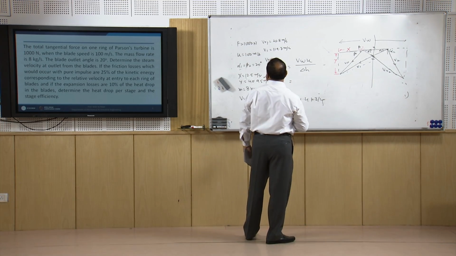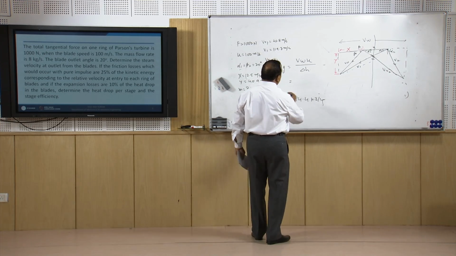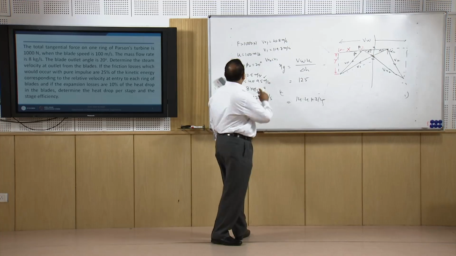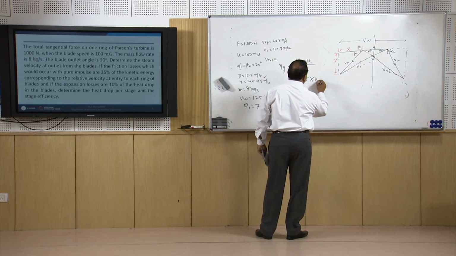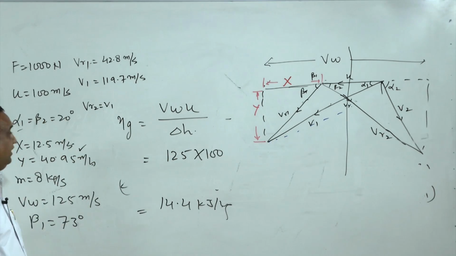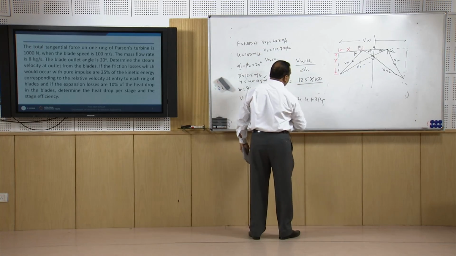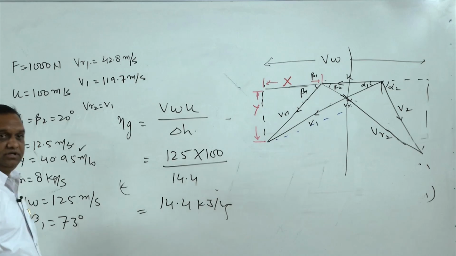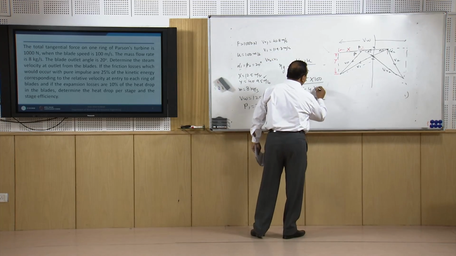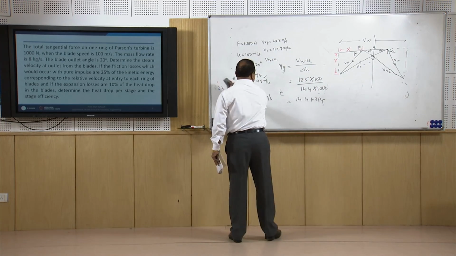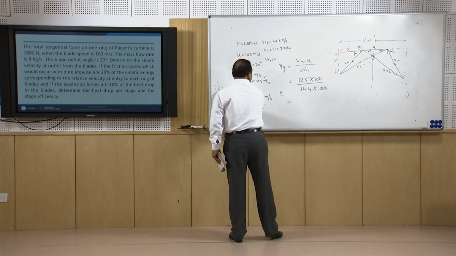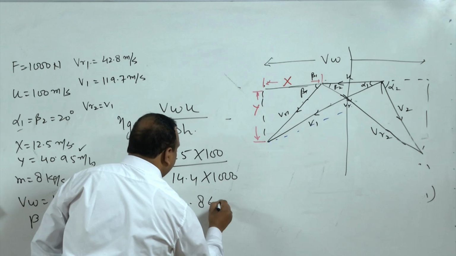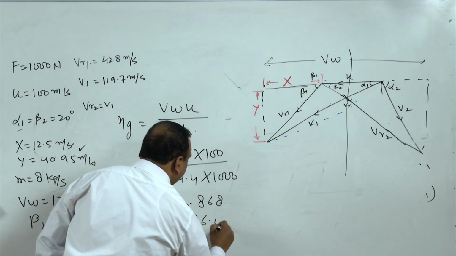So, the whirl component is 125, and U is 100, divided by the enthalpy drop, that is 14.4. This enthalpy drop is in kilojoules and this is in joules, so it has to be converted into joules, and this will give us the gross stage efficiency as 0.868, or 86.8%.